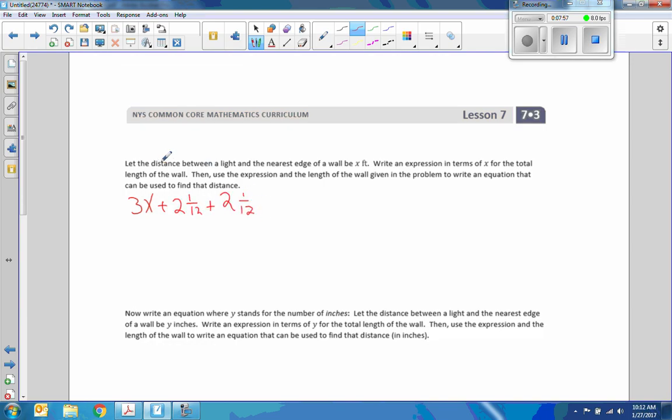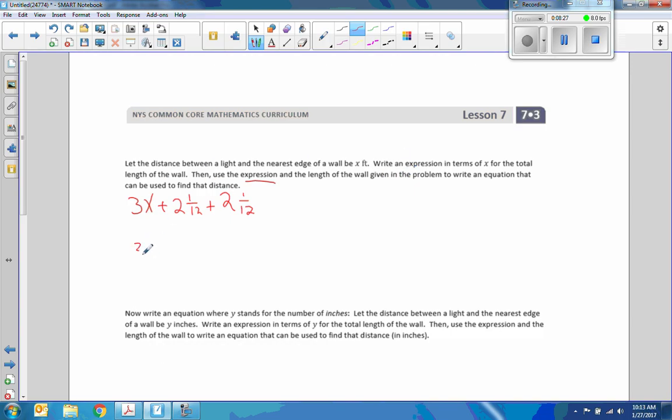Okay, so what am I doing here? The distance between the lights and the nearest edge of the wall is x. Write an expression in terms of x for the total length of the wall. So this plus the sconces equals the total length of the wall. Okay. Now we're going to make an equation of that. So then it says, use the expression, this is an expression, no equal sign, and the length of the wall given to create an equation.